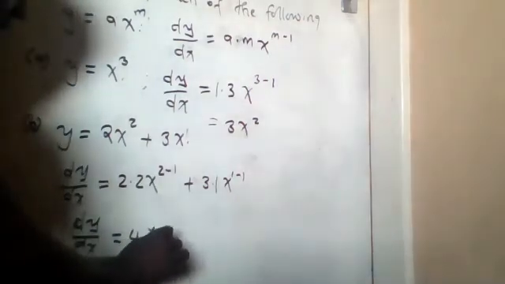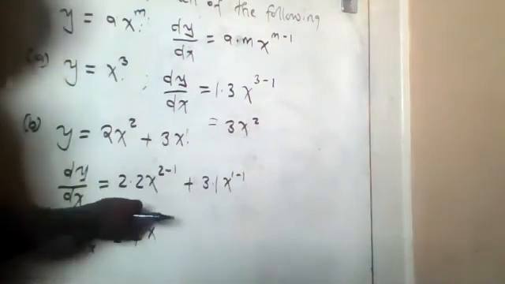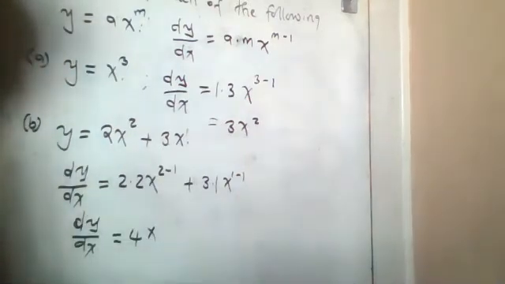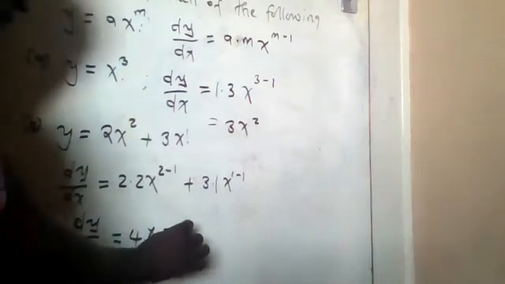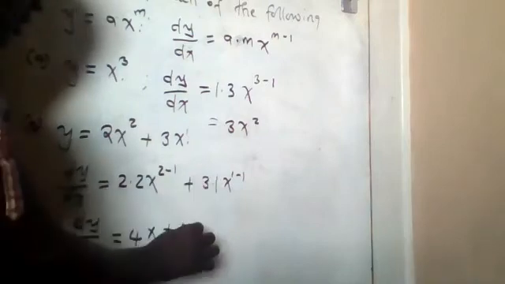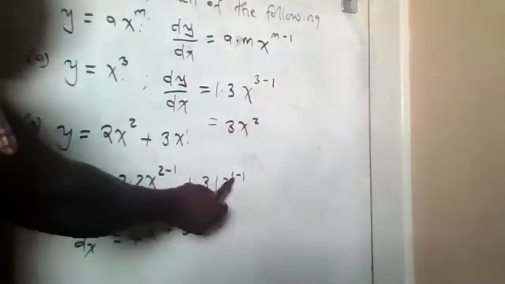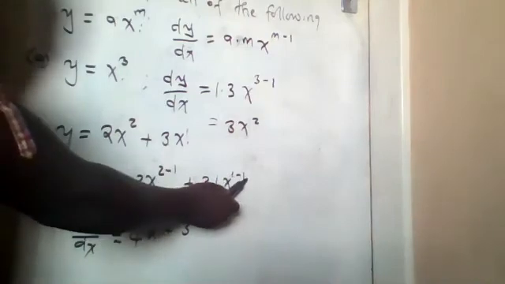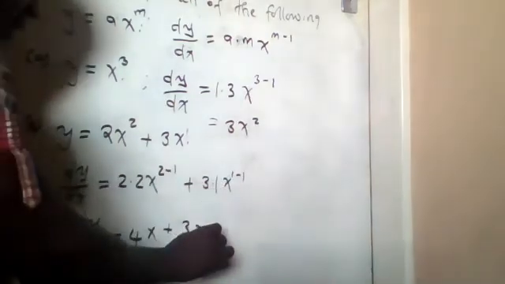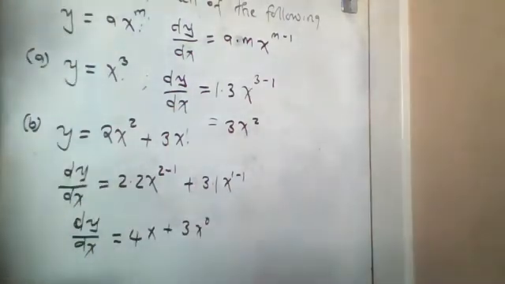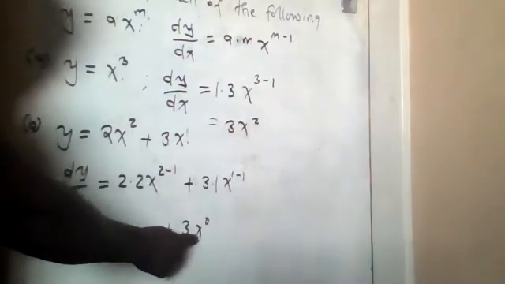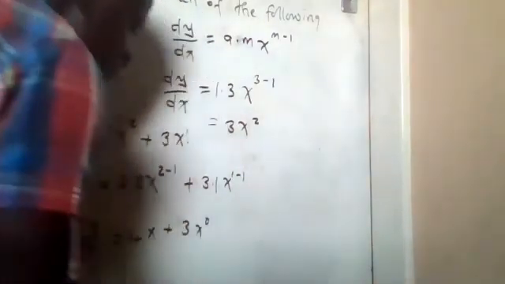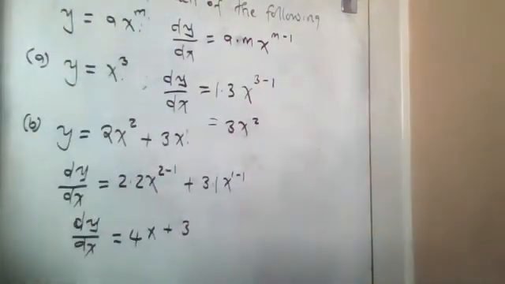We have x, 2 minus 1, which is 1, but when the power is 1, you don't write it, just like when the coefficient is 1, you don't write it. We have a plus here, 3 times 1, which is 3. 1 minus 1 is 0, so x raised to power 0. And remember what I said earlier, that when x is raised to power 0, it's as good as having 1. So 1 times 3 just gets us 3.